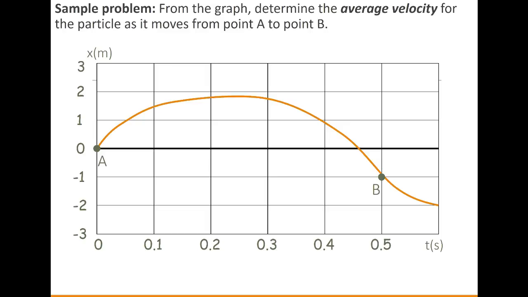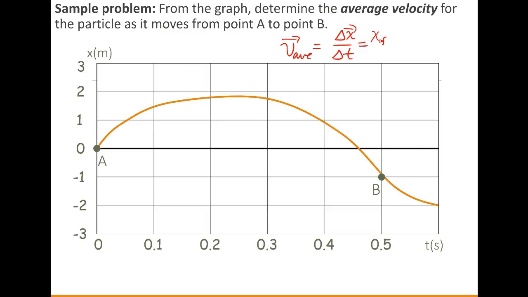Okay, so we want to find in this example problem the average velocity for the particle as it moves from point A to point B. Now, if I ask to find the average speed, that would be a bit trickier, and we'll come back to that in a second. But the average velocity is very easy to figure out. It's just simply delta x over delta t for this graph.